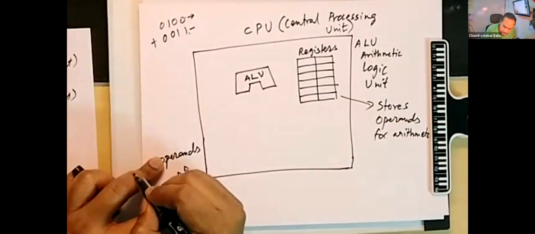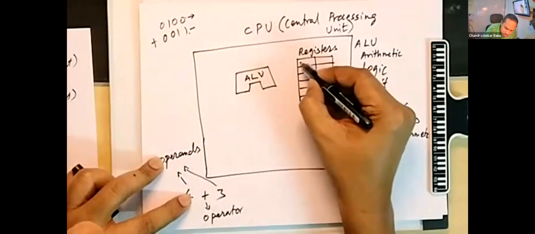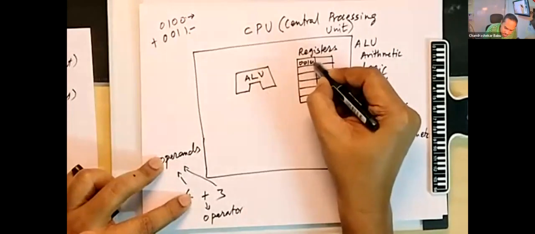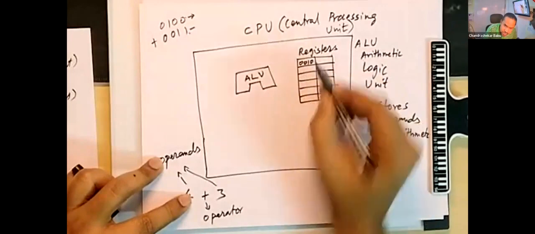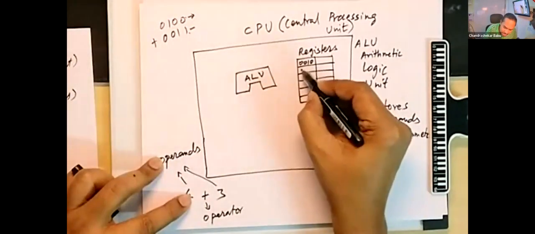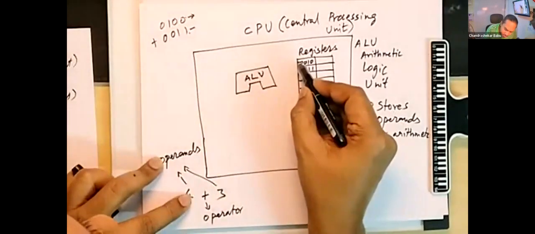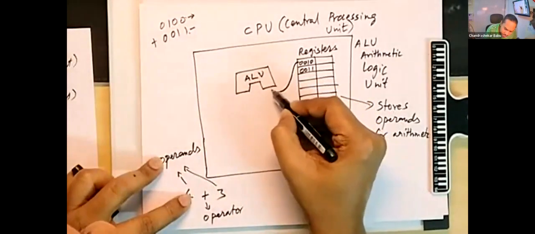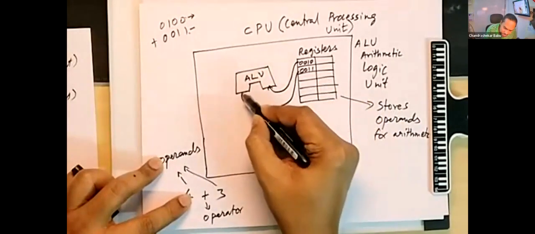Now, if I want to add 0, 0, 1, 0 and 0, 0, 1, 1, I should store 0, 0, 1, 0, whatever number it is, in one of the registers. And maybe 0, 0, 1, 1 must be stored in another register. And then you have to pass one operand value to this side of the ALU, and another operand value to the other side of the ALU.